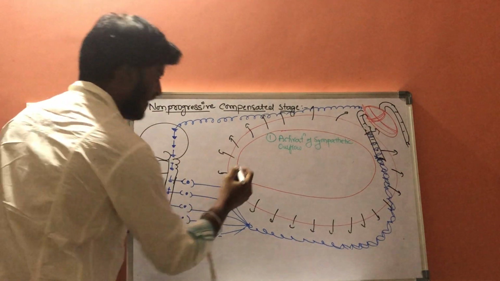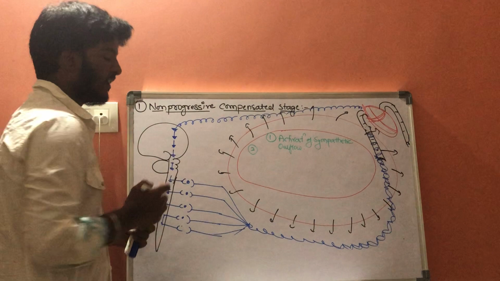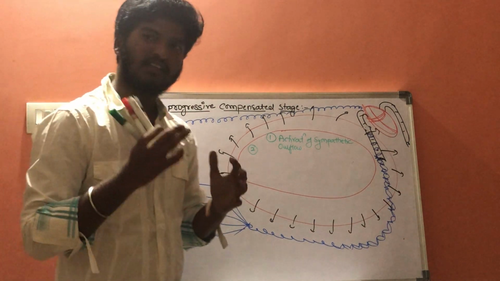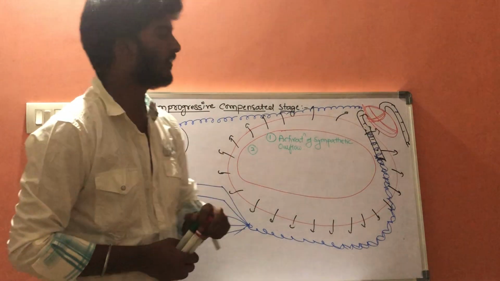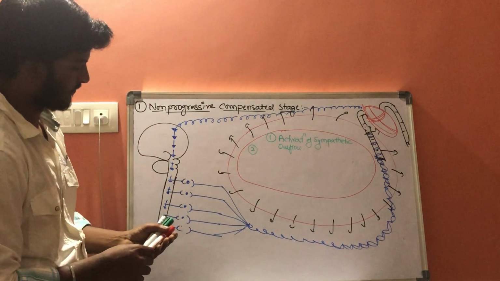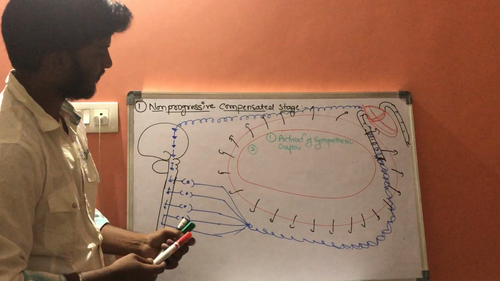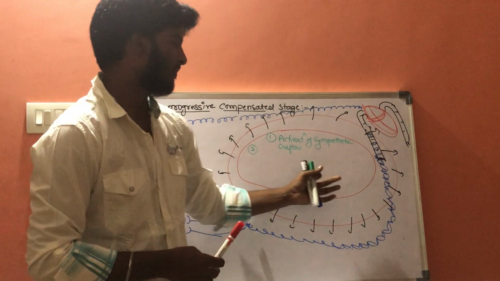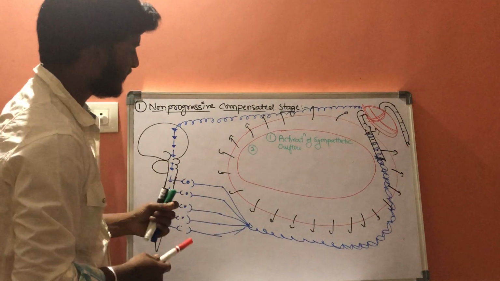And coming to the second type of mechanism. What is the second compensatory mechanism? Now, let us consider the same patient who is bleeding.